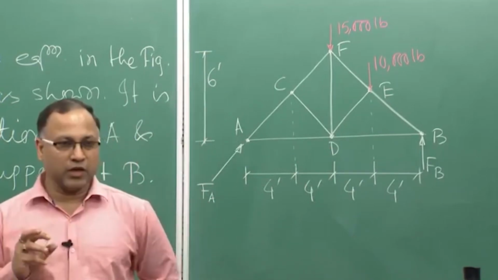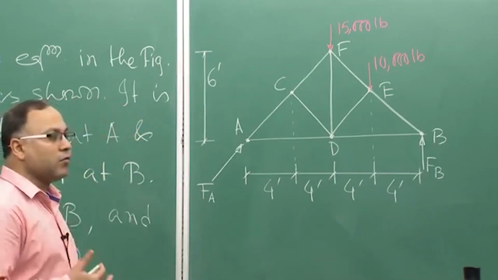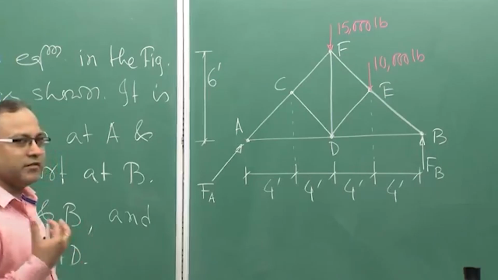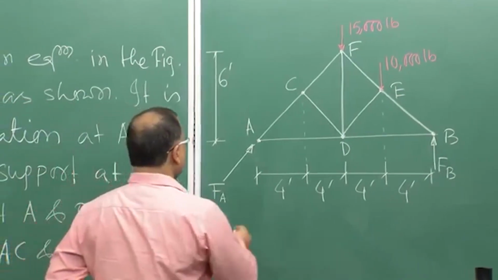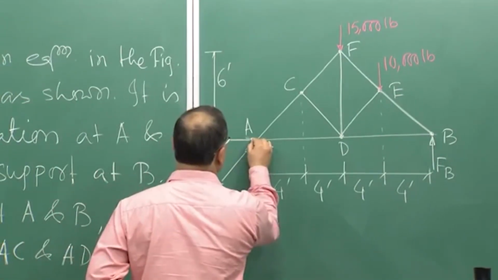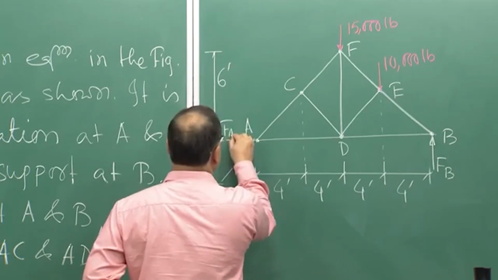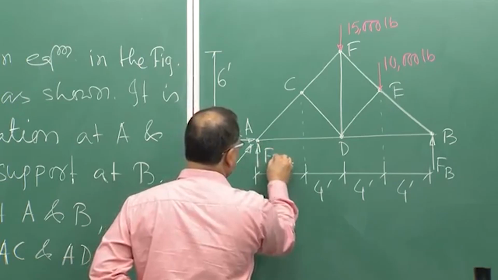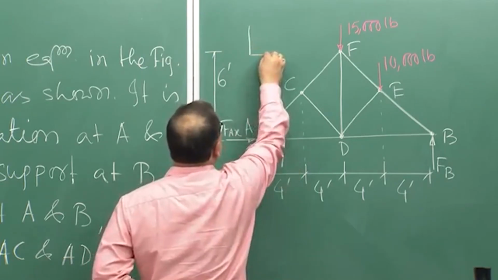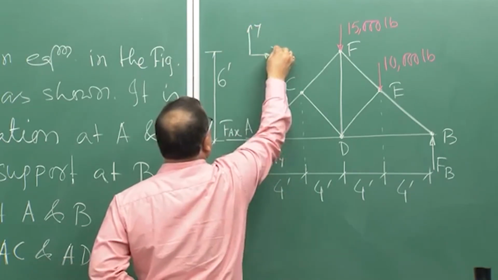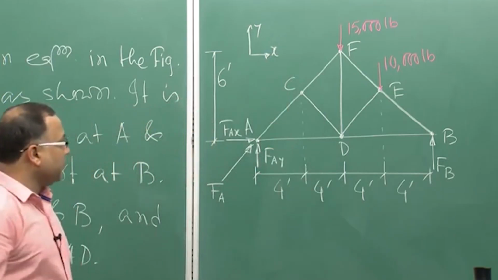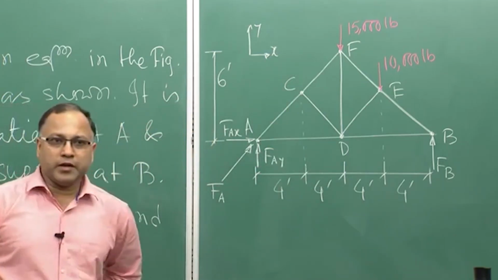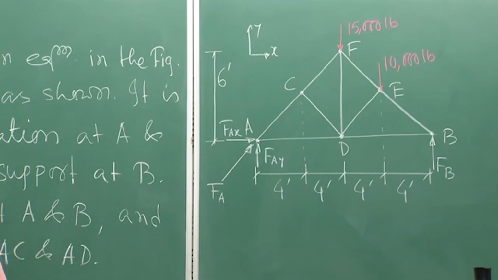So, for convenience, we can resolve this force into two components, F A x and F A y. If this is your x y coordinate system, then once we find F A x and F A y, taking the resultant will give me F A.